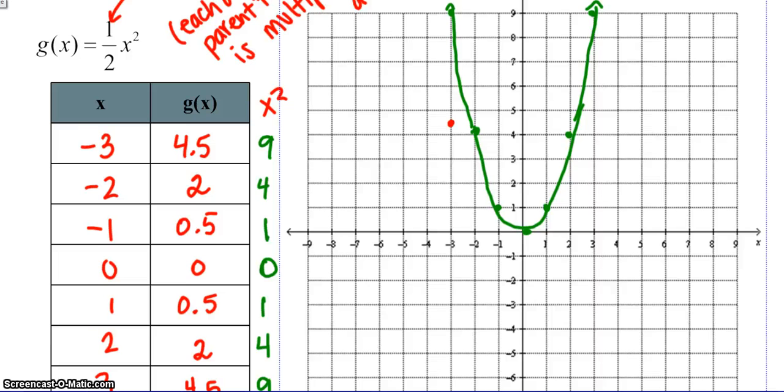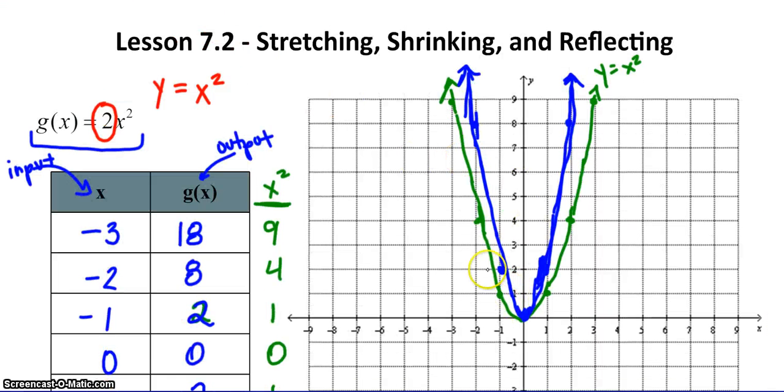Let me go back for just a minute. When I plotted, my parent function was the green, just like it is on the current screen. When I plotted my very first point, -2, 8, which was the one that I could plot, that first point was on the inside of the parent function.